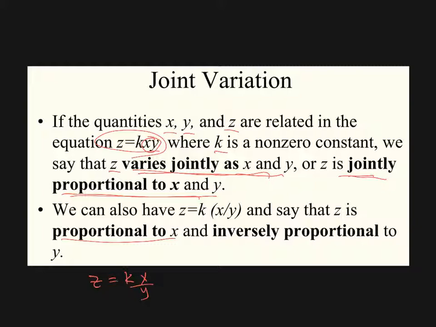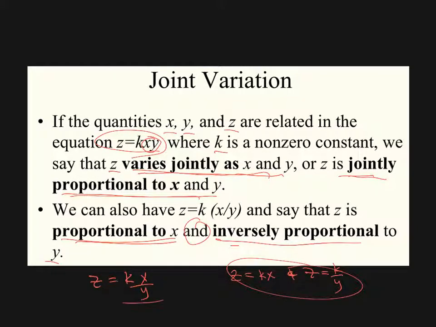Z is directly proportional to x, and inversely proportional to y. So we took the best of both worlds. We had z is directly proportional to x, and z is inversely proportional to y. And when you put these two statements together, you get this. So obviously, put these two statements and this into your notes.